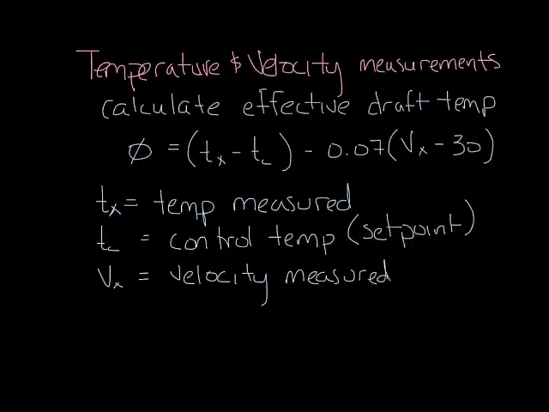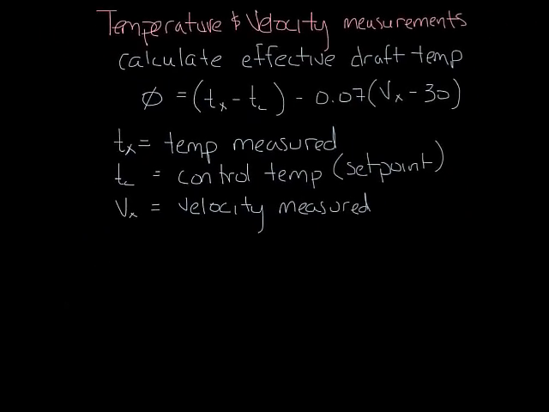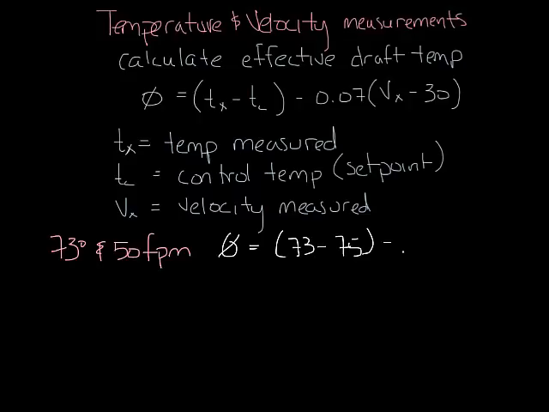Okay, let's scoot this out of the way a little bit. Now let's say you measured a couple points. Say one point is 73 degrees and 50 feet per minute. So let's calculate the effective draft temperature of that. It would be 73 minus 77 minus 0.07 times 50 minus 30, and that equals minus 3.4.